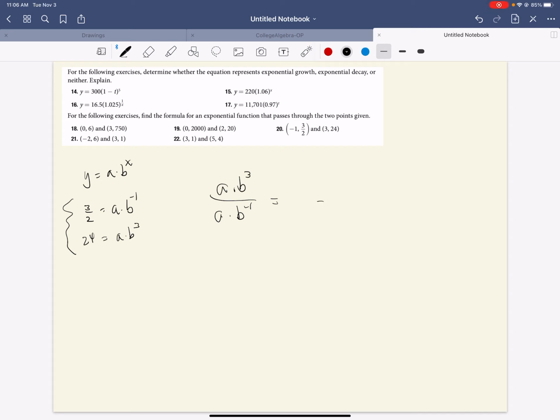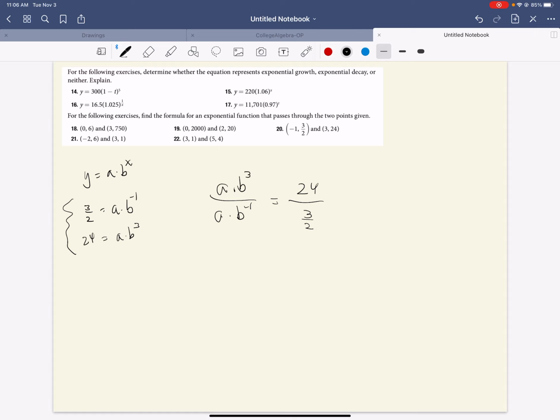So if that's on the numerator on the left side, then I should put 24 in the numerator on the right side. Similarly, ab to the negative 1, I happen to know is 3/2. And so if ab to the negative 1 is on bottom, I can put a 3/2 in the denominator on the other side.